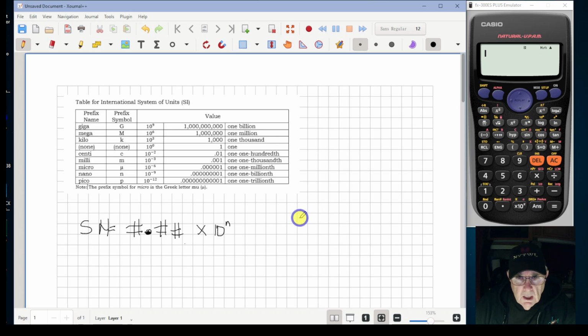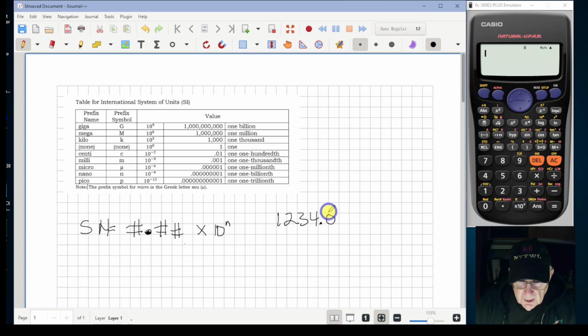So let's take a number like 1,234 and put this number into scientific notation. We've written this as a whole number, but any whole number is a decimal number if we put a decimal point here. If it's exactly 1234, then the decimal value would be 0 to indicate there are no other digits behind there.